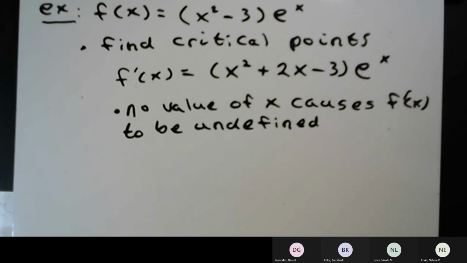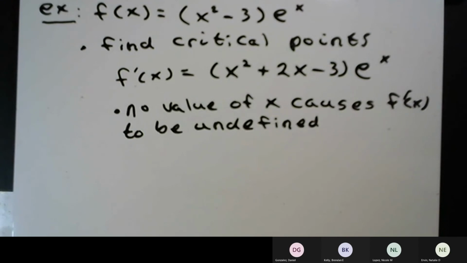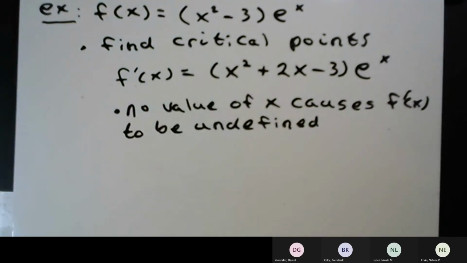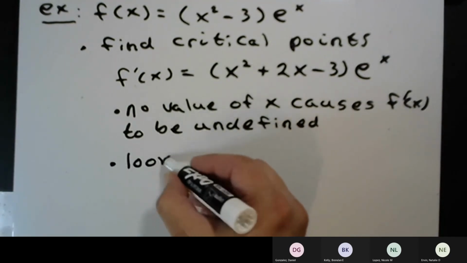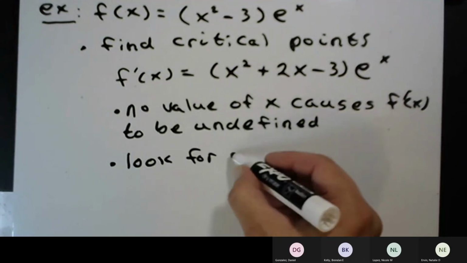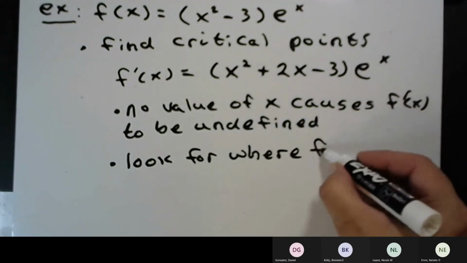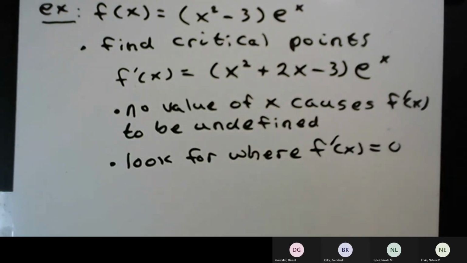So we don't have to worry about that. Like, we're not going to get a division by 0. We're not going to get the square root of a negative number. We don't have to worry about taking the logarithm of 0 or a negative number. We're okay. So what we're going to look for is f prime of x is equal to 0.